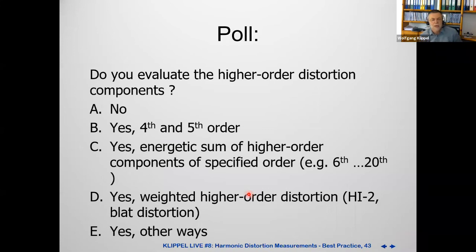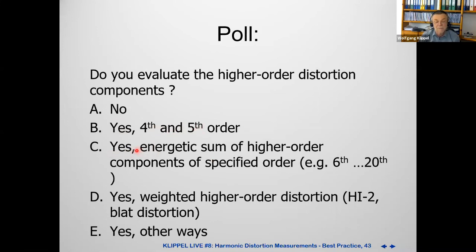Next poll. Do you evaluate higher order distortion components? The first question is, what does that mean? We are defining that very soon. Much higher than third and fourth and fifth, usually starting with 6, 7, 8, 10 and something like that. No. Yes, only fourth and fifth.